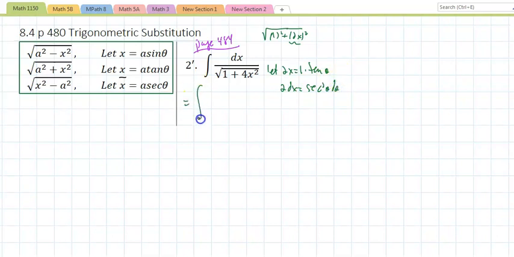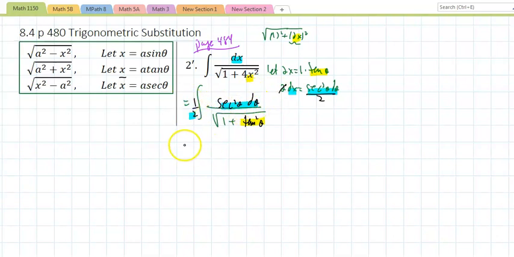This would become the integral of the square root of 1 plus, and if I substitute in place of 2x tangent, wouldn't that become simply tangent squared? And wouldn't the dx be a 1/2 secant squared of theta d theta?